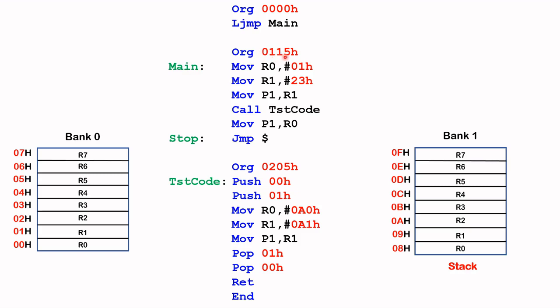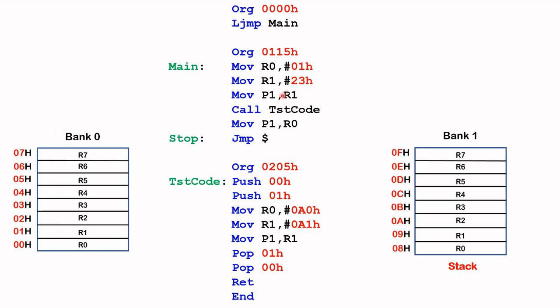of 0115 hex. First instruction, copy 01 hex to register 0, and then 23 hex into register 1. Remember, the default register bank is bank 0.